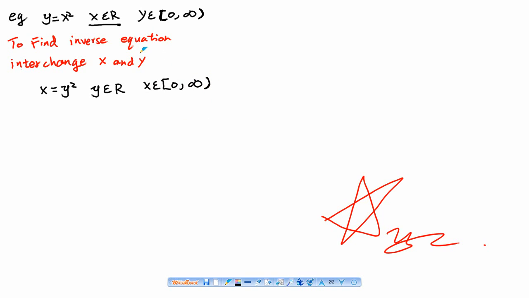Now this is the mathematical equation of the inverse function.